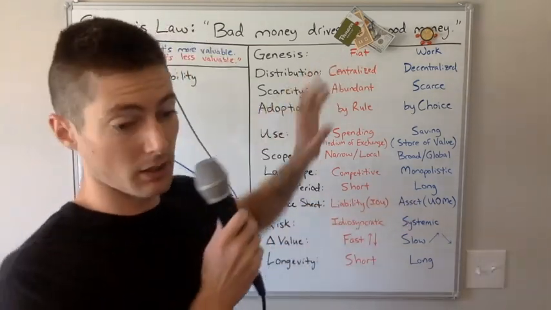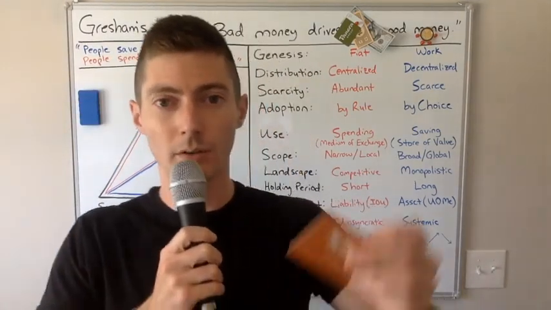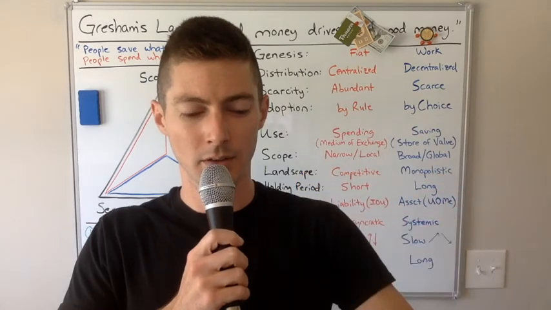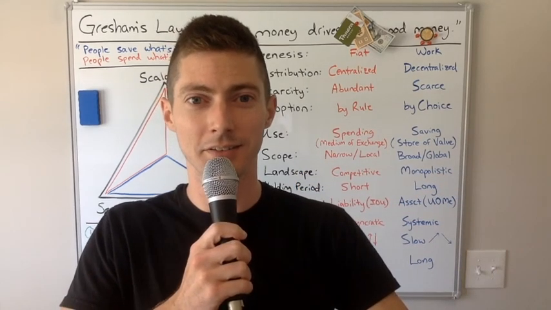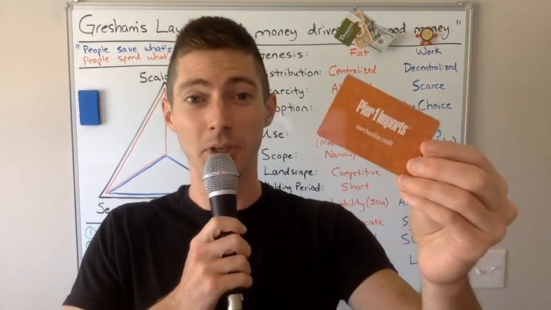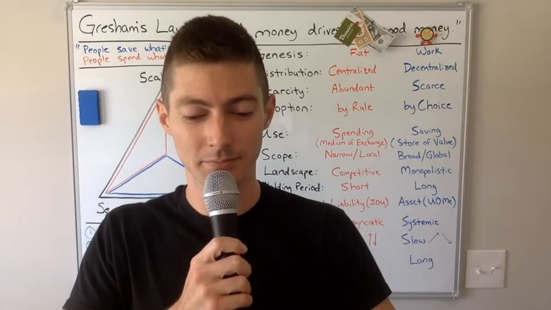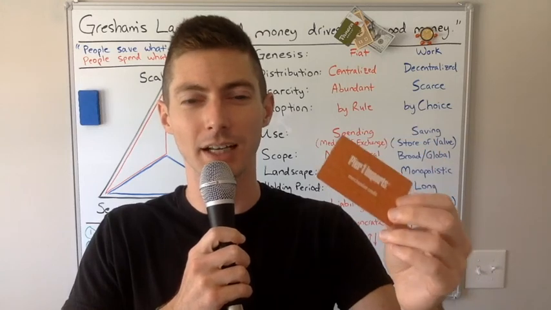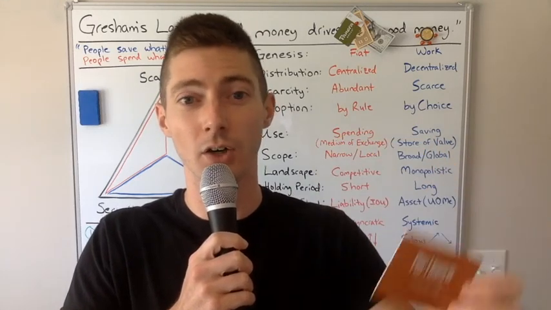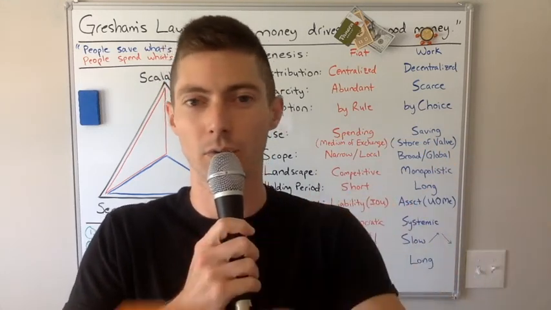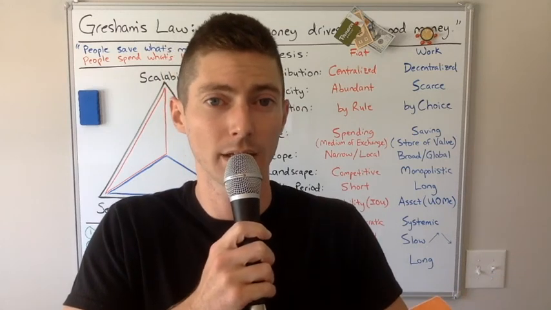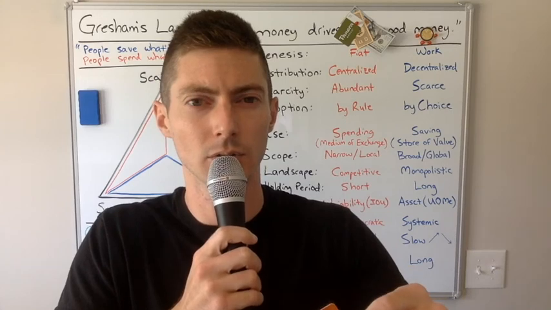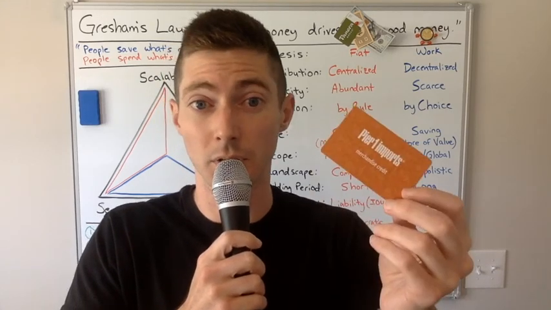For example, where'd it go? Pier 1. This is $100 to Pier 1, and they just went out of business. So Pier 1 currency went to zero. I should have spent it. I shouldn't have held it that long. That was silly of me, right? I should have either traded this for $100 worth of Bitcoin or $100 worth of gold, even $100 worth of US dollars, because the US dollar probably isn't going to collapse as quickly as Pier 1, right?